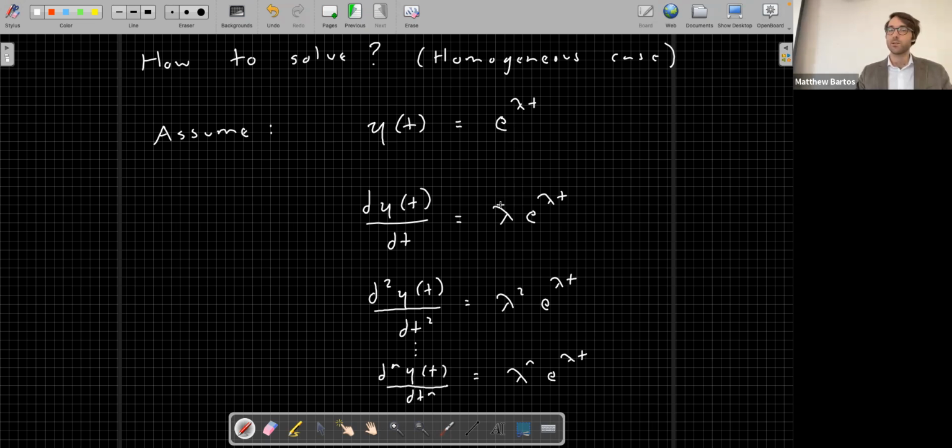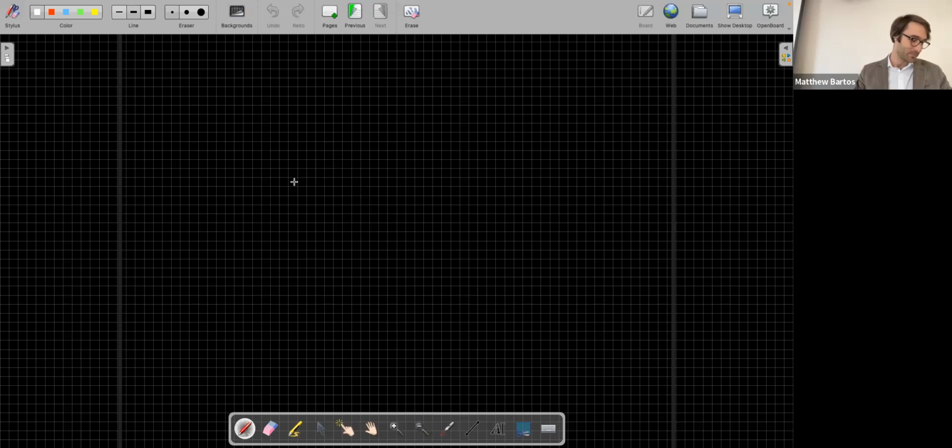Let's go ahead and write out the homogeneous form for that generic LTI system, and plug in this solution and see what happens. This is going to be kind of an exploration. We don't know what we're going to find yet.